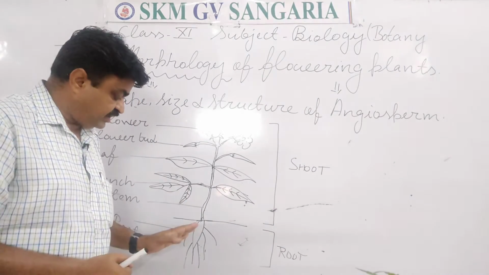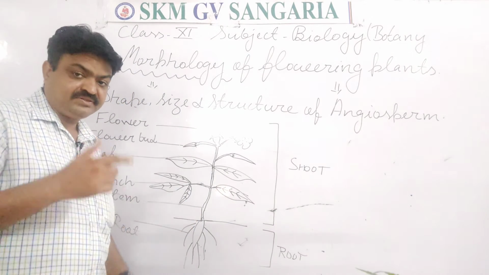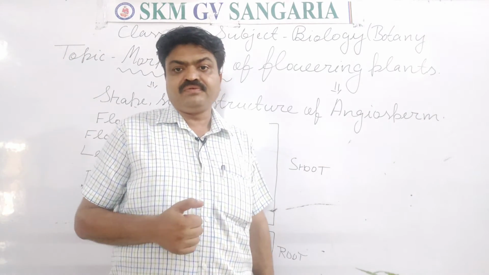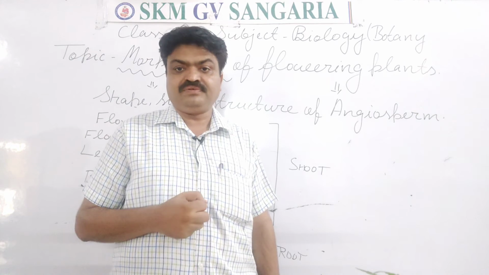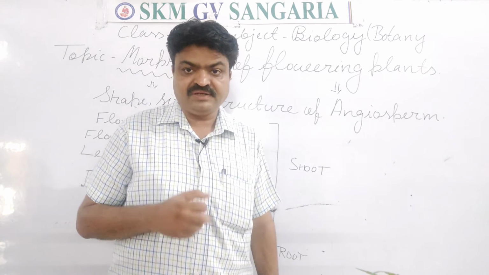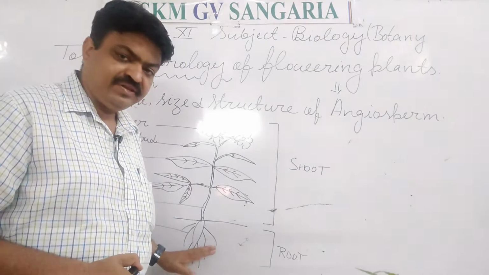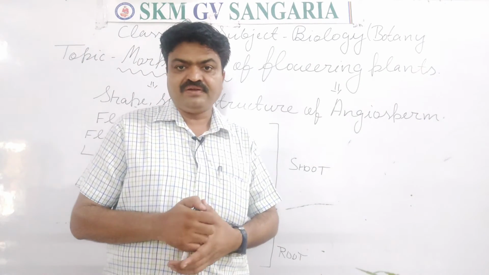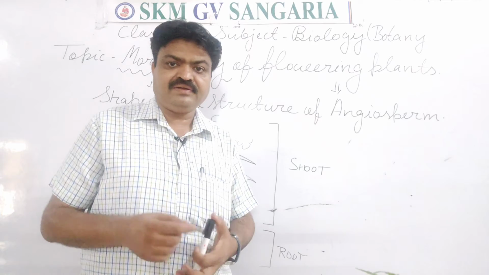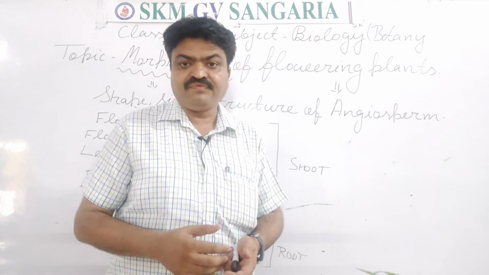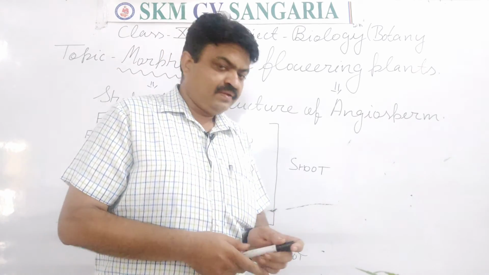Now another most important function of the root, students, is that food is stored. In some plants, food is stored with the help of the thick and fleshy root, like carrot and radish. These are roots, students, in which the food is stored.